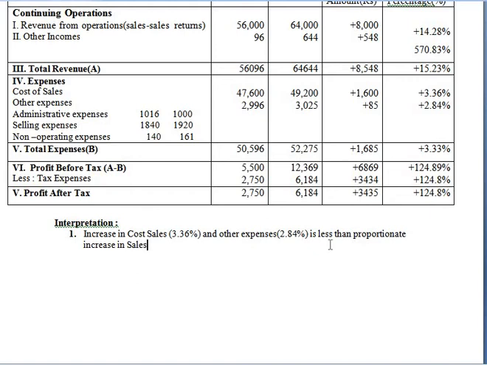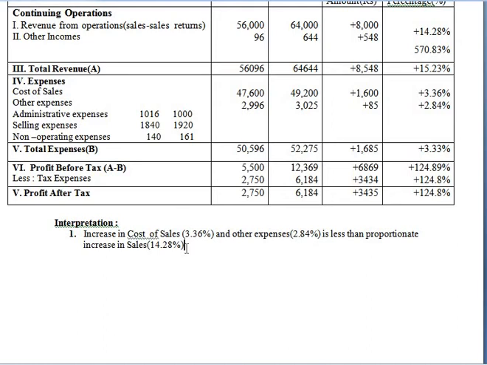Okay, increase in cost of sales and other expenses is less than proportionate increase in sales. Here the sales has increased in the year 2019. How much increase? In bracket 14.28 percentage. So as compared to this percentage, the increase in cost of sales and other expenses is less.